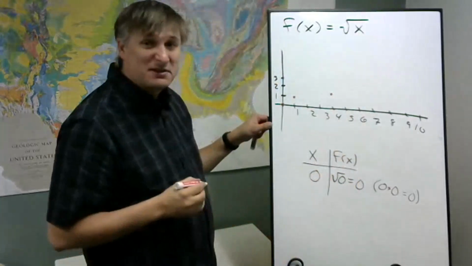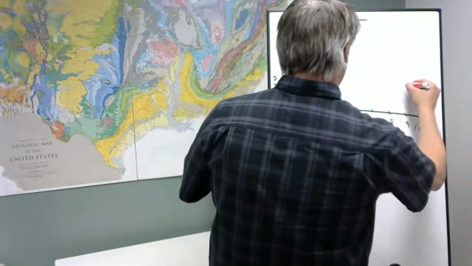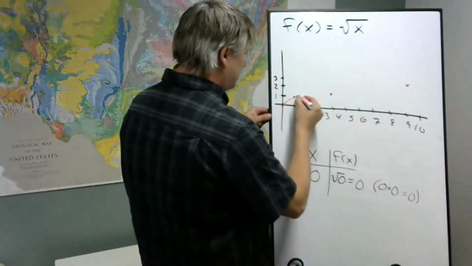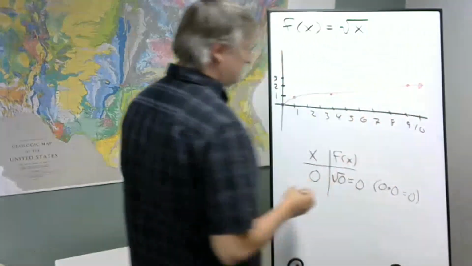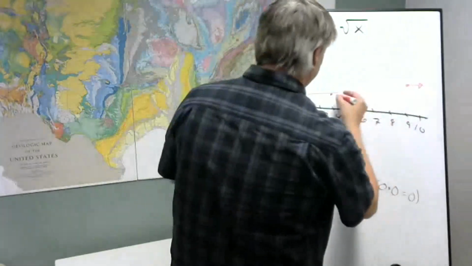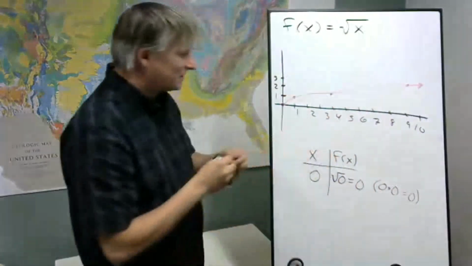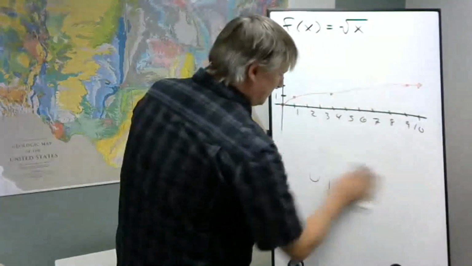And then when x is 9, the square root is 3. And so what you get, barring artistic license, well, I'll draw it a little bit differently. You can kind of see what it's doing.